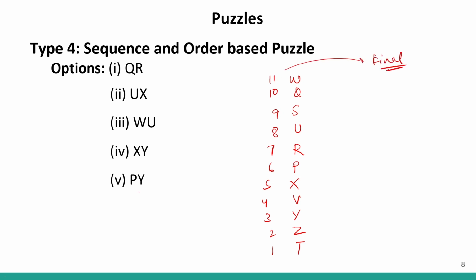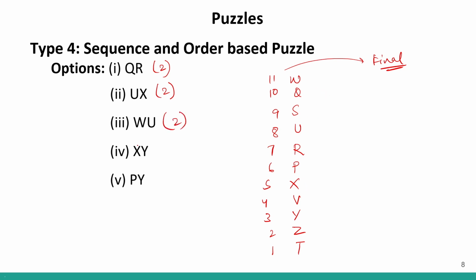Now 4 of them are alike and one is different, and we have to identify the one that is different. Q and R have 2 people between them. U and X also have 2 people between them. W and U also have 2 people between them.